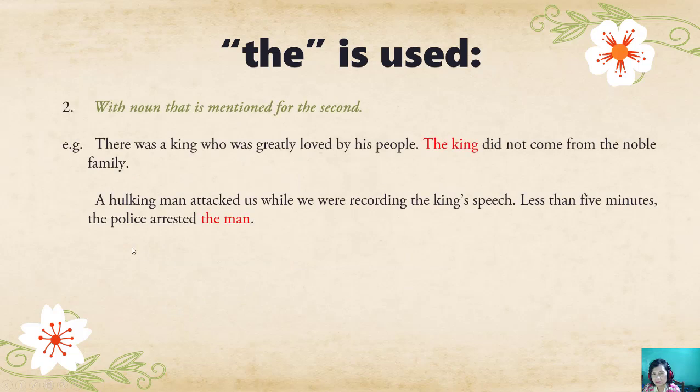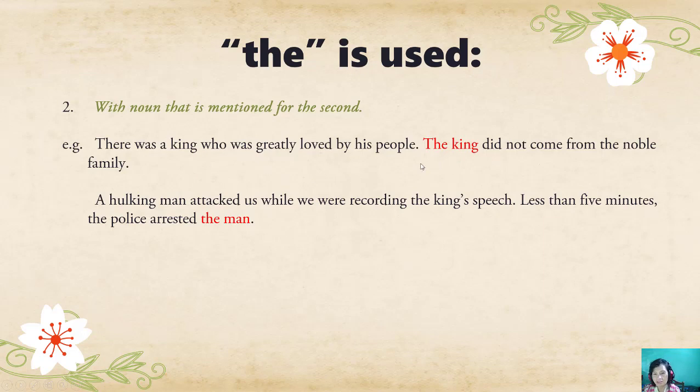Okay, the next is with a noun that is mentioned for the second time. There was a king who was greatly loved by his people. The king didn't come from the noble family. So the king here, which king is it? It is definite because it is mentioned before in the previous sentence.